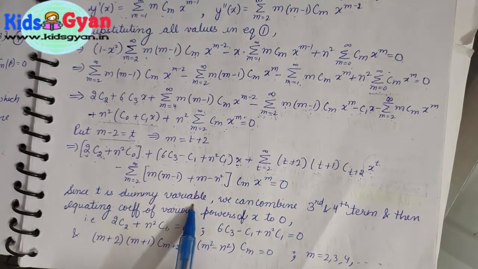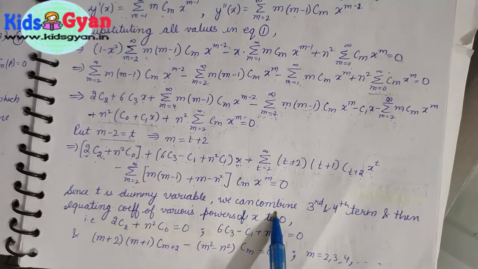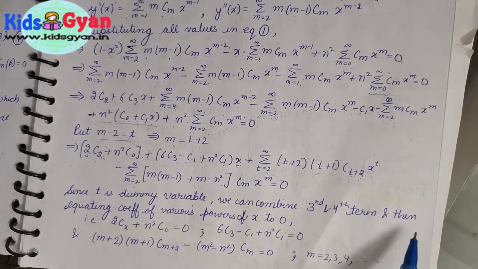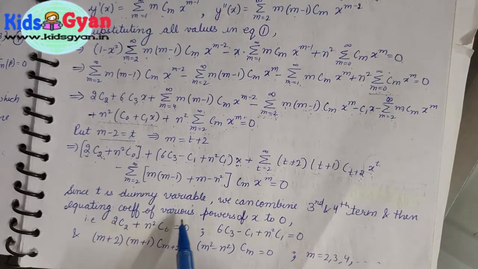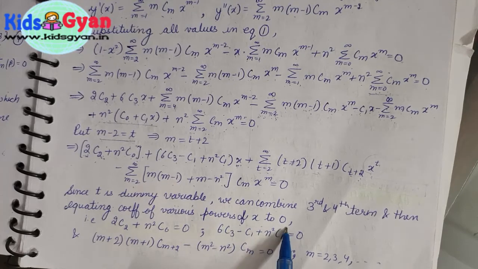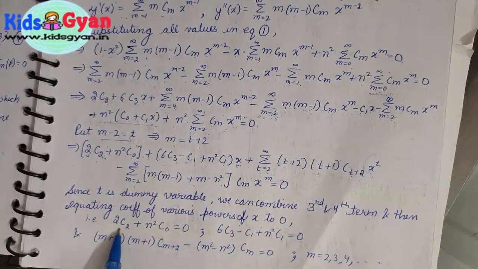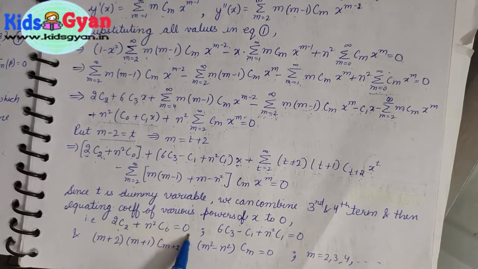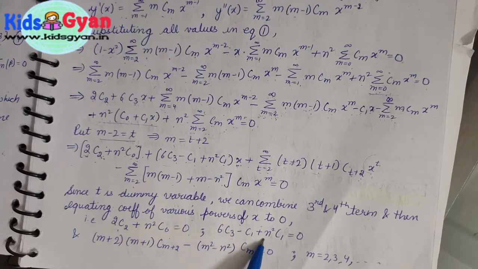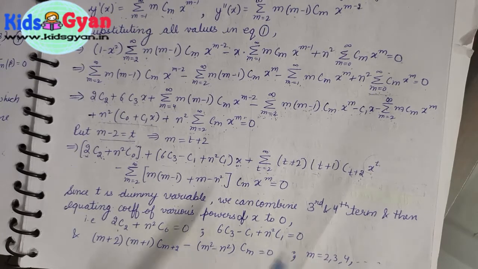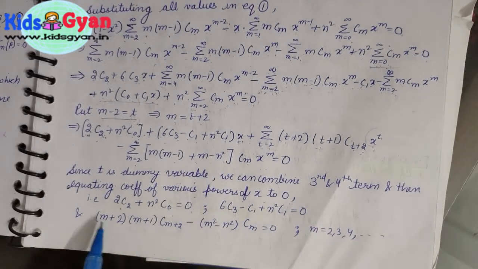Okay, now since t is a dummy variable, we can combine the third and fourth terms and then equate the coefficients of various powers of x to 0. So 2c2 plus n² c0 is equal to 0, and 6c3 minus c1 plus n² c1 is equal to 0.